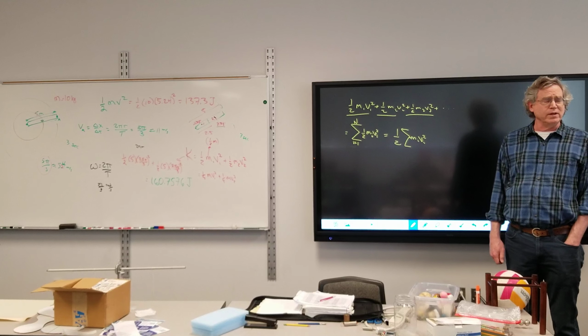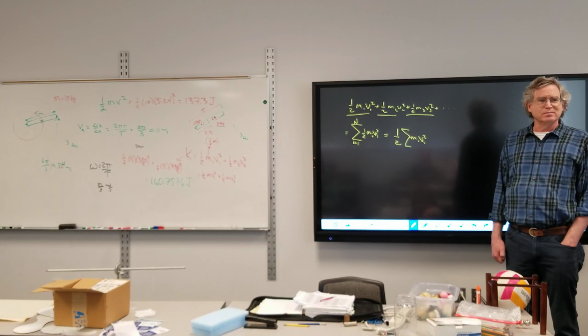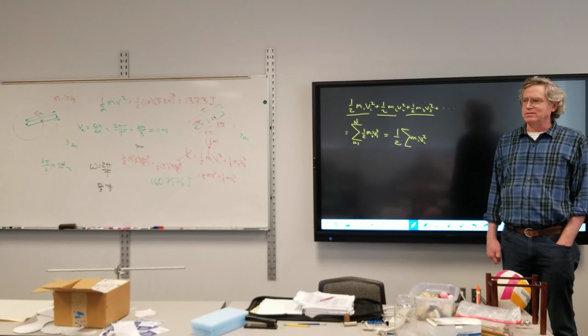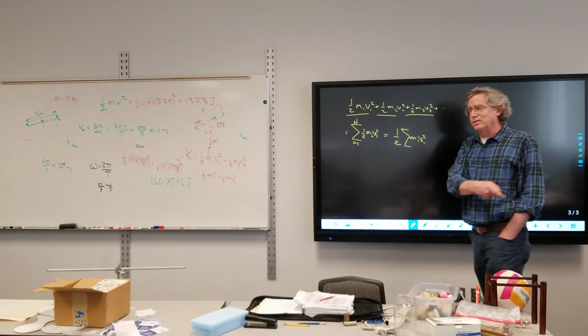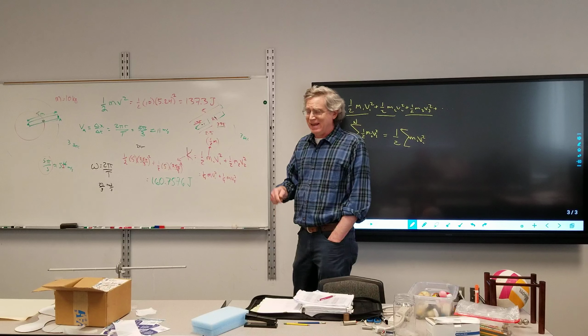Or we could just derive it again. 1/2 I omega squared. Not that. We're deriving that, but not deriving that now.